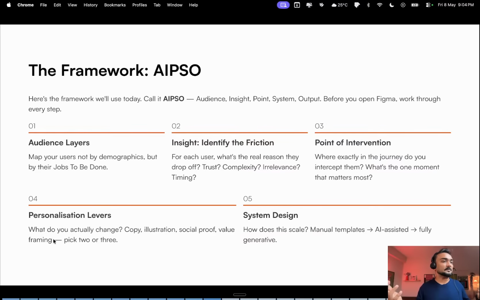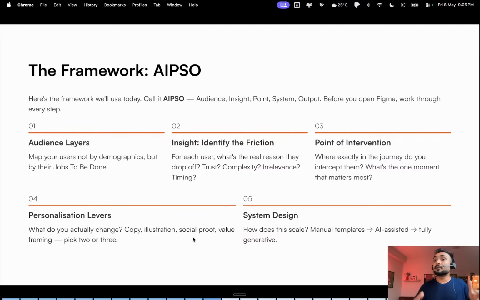Okay, that is the personalization that we're talking about. What are we going to personalize? Are we going to personalize the copy of the onboarding, the text, the illustration? Are we going to personalize social proof? Meaning, if we can identify that Surbhi is 24 to 28 years old, how about we show her some testimonials of other people between the age of 24 to 28 who have invested in this?